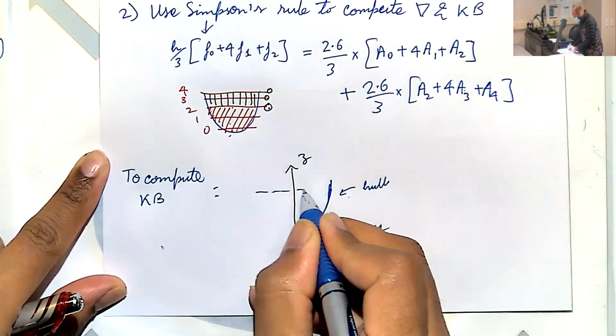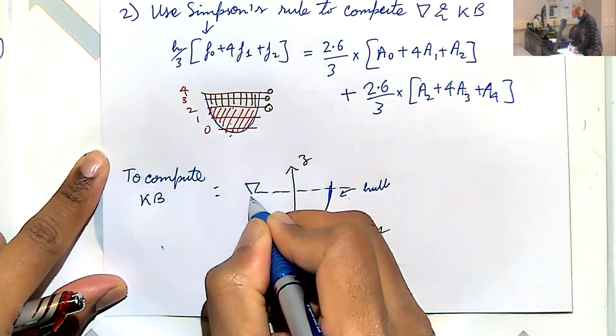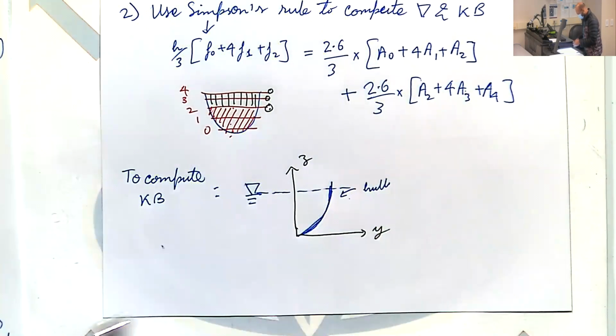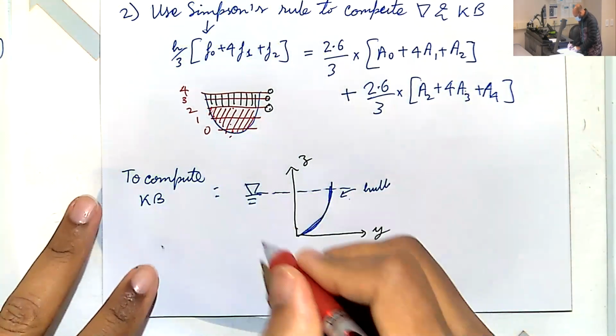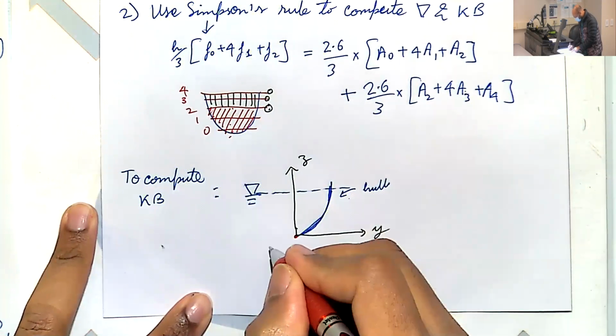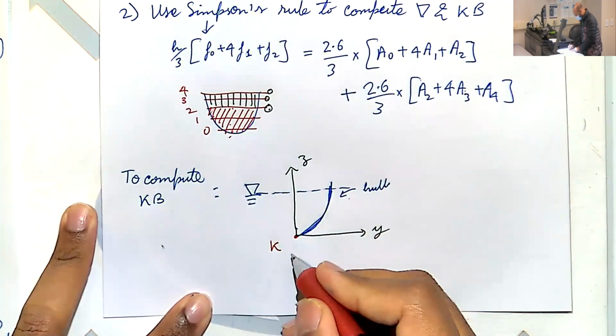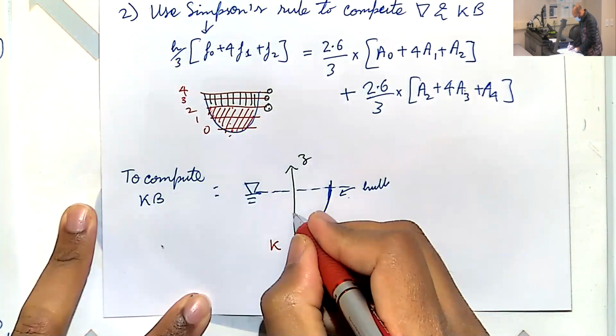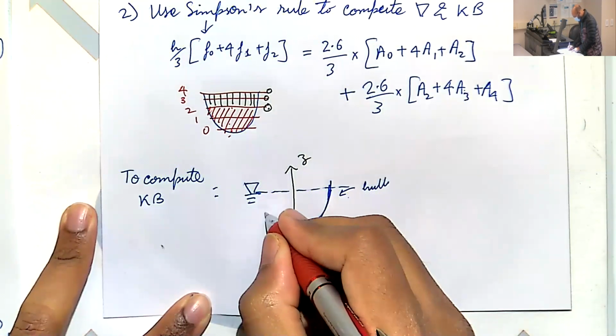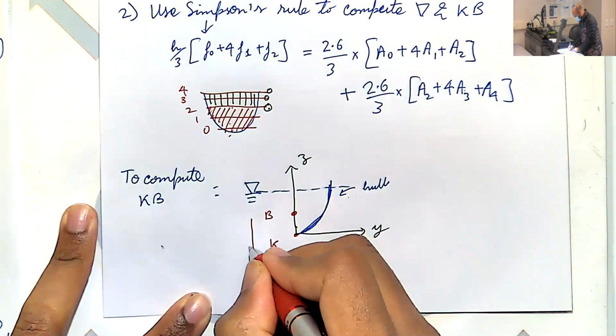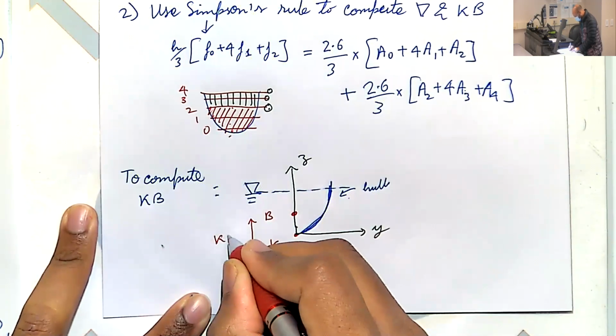And we have the water line. K is always, we mark K to be the keel, the bottom of the hull. And B is located somewhere. We don't know where yet. We need to find this distance, KB.